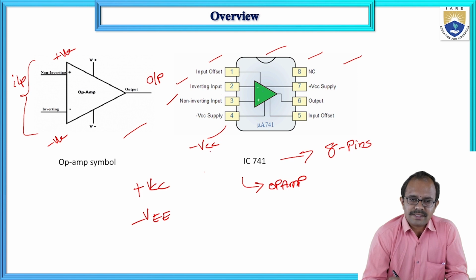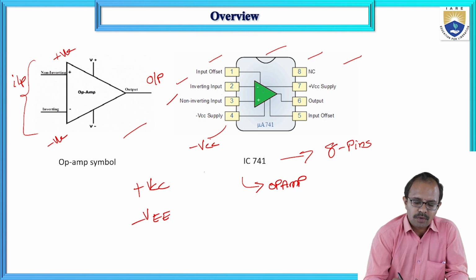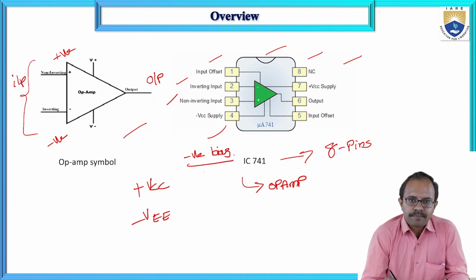Don't worry about the minus sign; it is nothing but negative polarity, negative bias. So at pin number 4, we need to provide negative bias. You can remember it like this: pin number 4 is going to have negative bias.